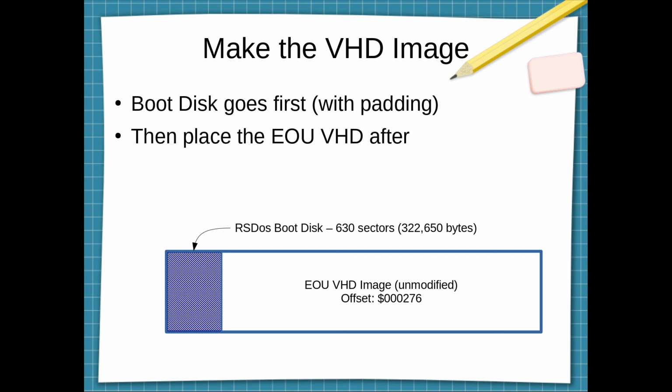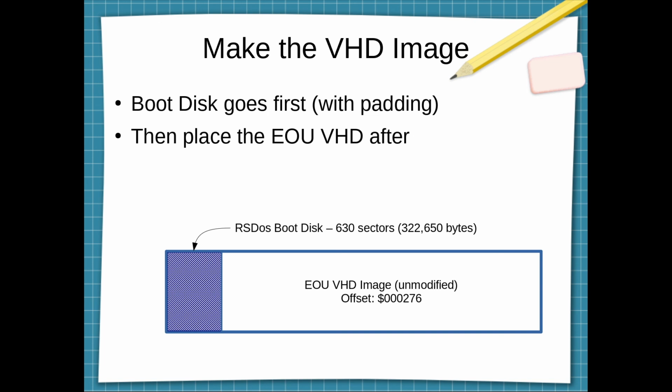All of the drivers used in this have the offset of 276. They know to ignore the first 630 sectors of this disk image. NitrOS-9 won't touch them. It doesn't know at all that the beginning part of this disk is an RS-DOS disk. It just knows that its sector 0 is actually sector 630.